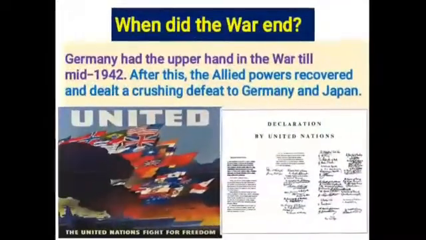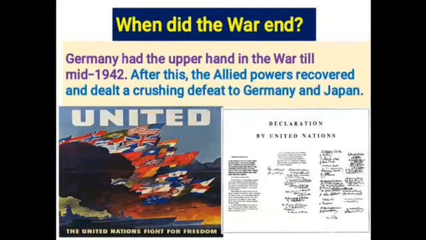When did the war end? Germany had the upper hand in the war till mid-1942. But after this, the Allied powers recovered and dealt a crushing defeat to Germany and Japan. So, what happened in mid-1942?